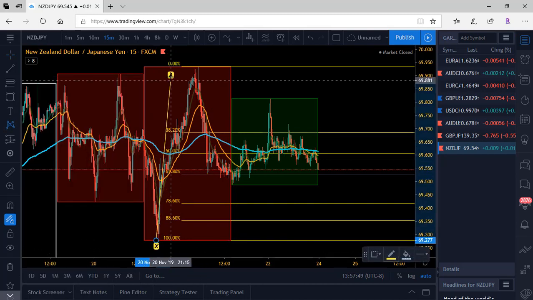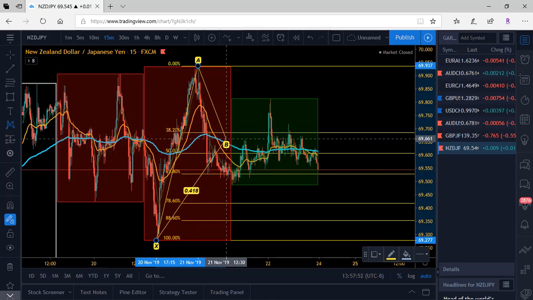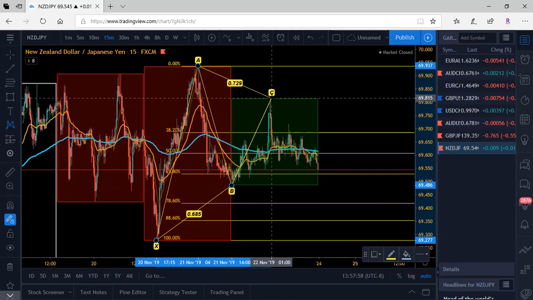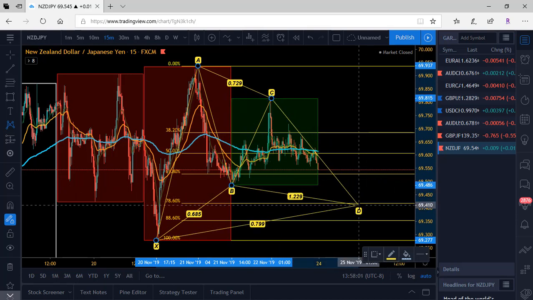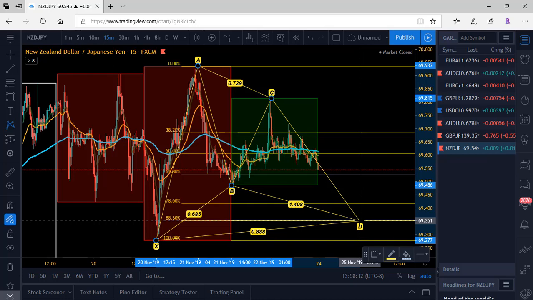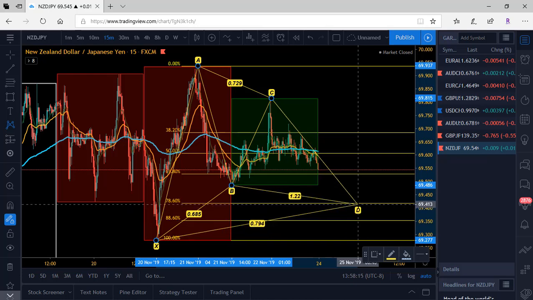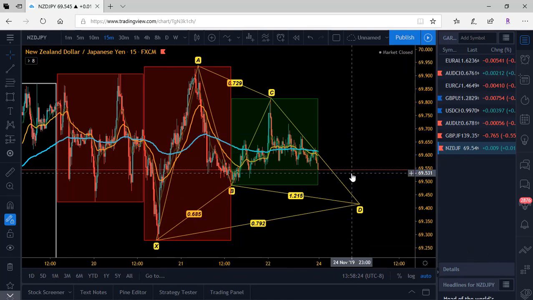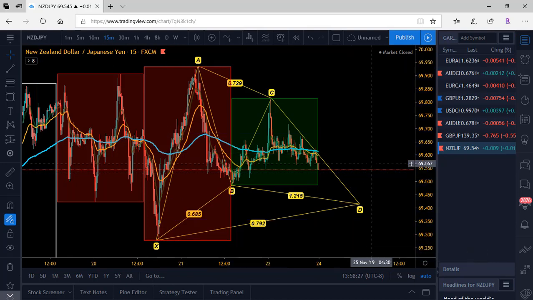So this will be my X, my A, my B, my C, and the D point for the garly completes around this area. So that was just for demonstration purpose.